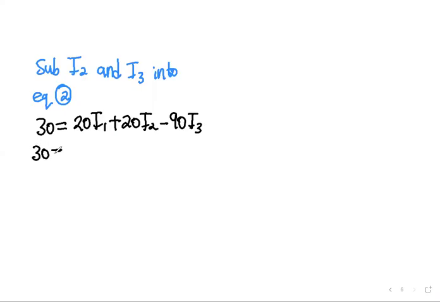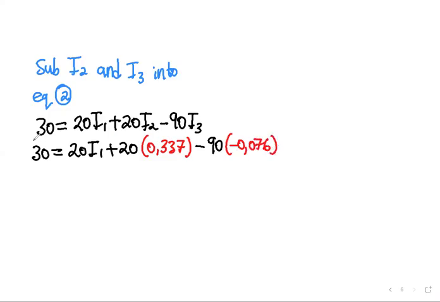So you're gonna say 30 equals 20 I1 plus 20 into, now our I2 is represented by 0.337, right? And then minus 90 into minus 0.076.